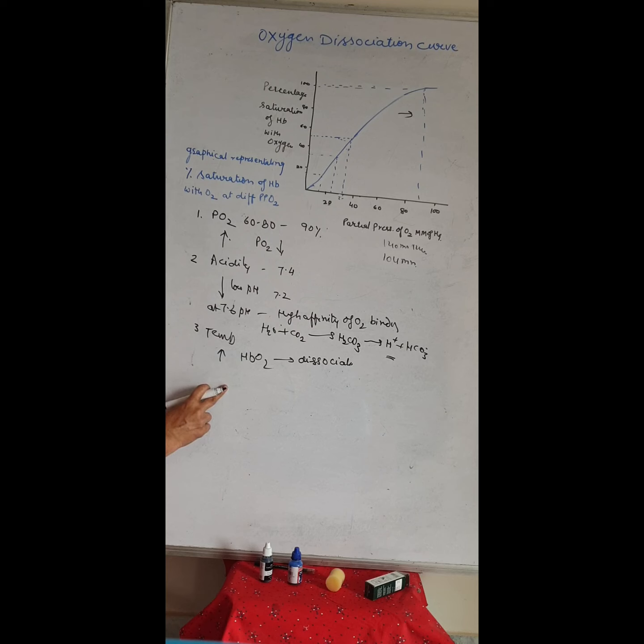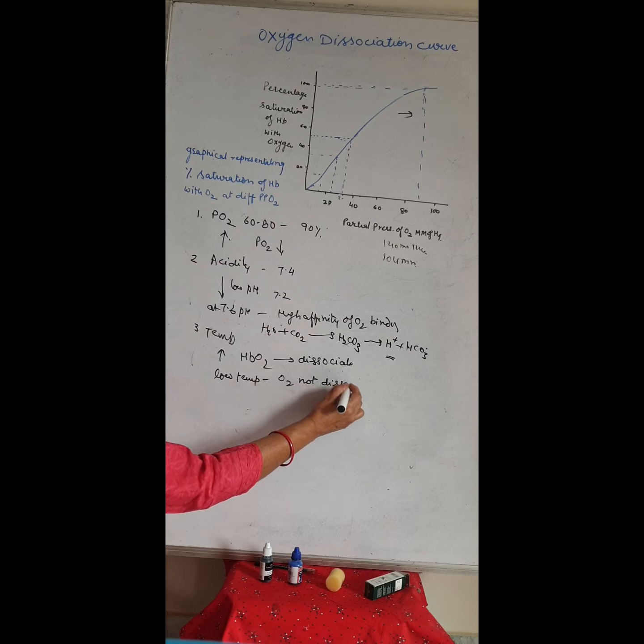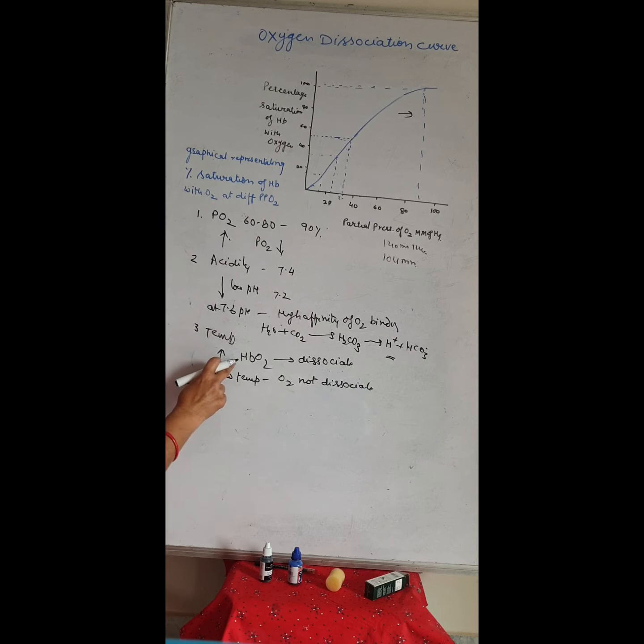In the normal resting condition, at low body temperature, oxygen does not dissociate. At high temperature, oxygen dissociates. In the normal resting condition, each 100 ml of deoxygenated blood contains carbon dioxide.